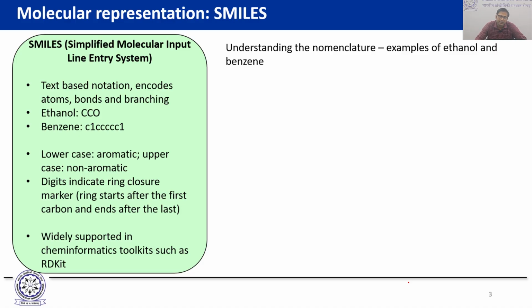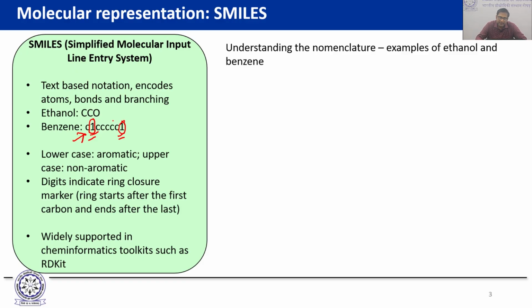Then after that, you've got some digits. So for example, in case of benzene, you have got a couple of ones. Now these digits simply denote where this aromatic ring is starting and where it is closing. So one can say that it is starting at the beginning of the first carbon, and then after the last carbon, the ring is closed. So basically what you are doing, this 1 is being inserted after the letter that denotes the position of the start of the ring and the closure of the ring.